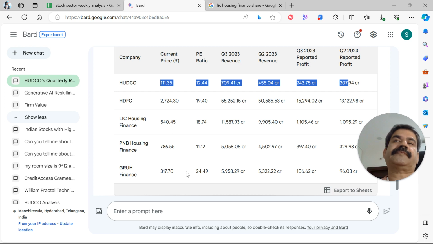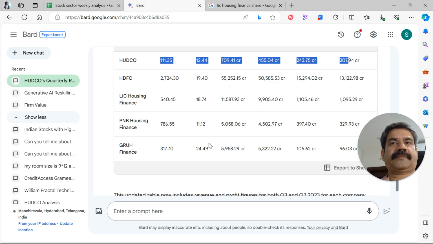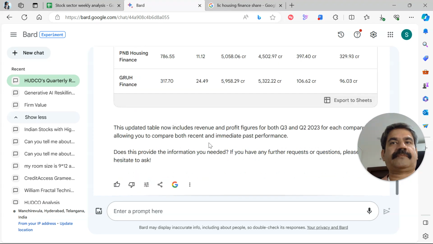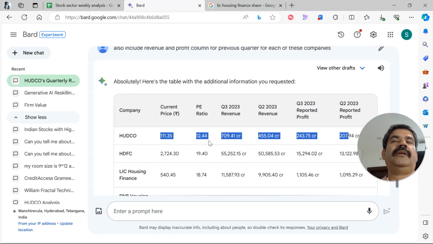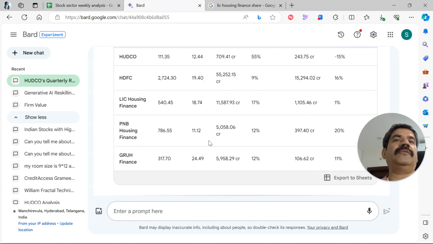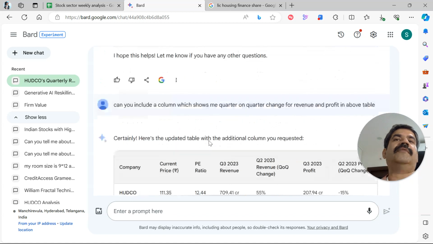For financial analysis, BARD really stands out at this point in time because it has connectivity to the stock exchange data. I'm sure there will be good plugins developed in ChatGPT, and that would be equally useful, but for now this stands out in its native format.